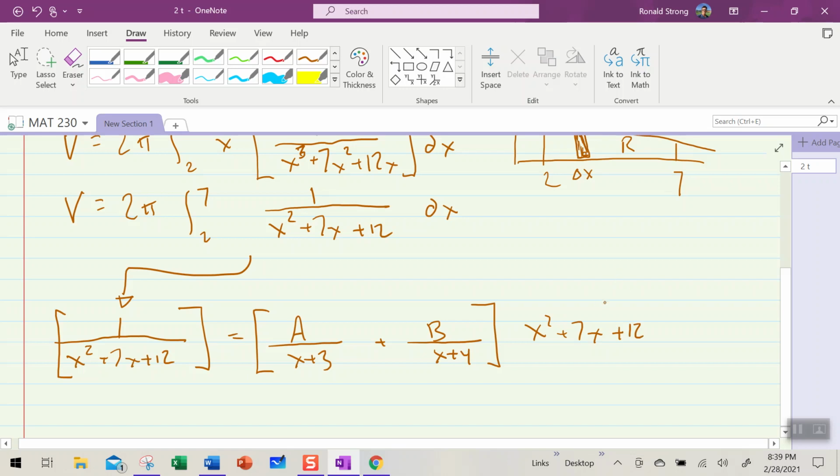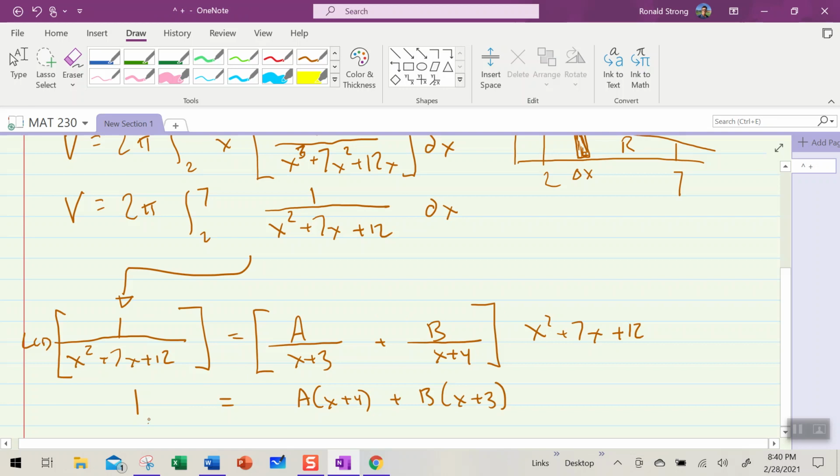But we don't want to multiply it in that form, we want to multiply it in its factored form. So when we multiply both sides, we end up with 1 is equal to A times x plus 4 plus B times x plus 3.